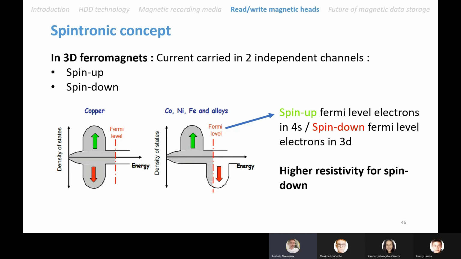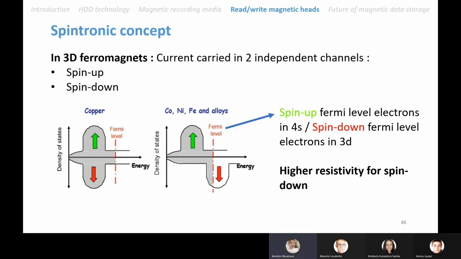Indeed, the electrons that carry the current can only be scattered to states in the vicinity of the Fermi level. Hence, the scattering probability, which depends on the number of states available for scattering, is proportional to the density of states.